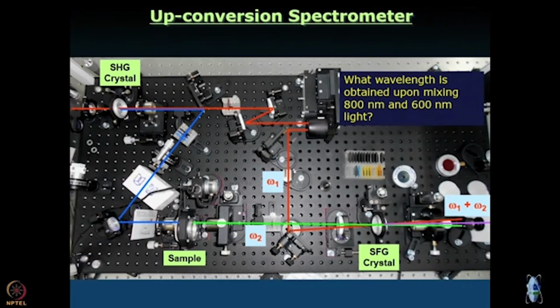Can we work it out? Of course, maybe I can do a little bit of mental arithmetic. It is upconversion, right. So, you have to add 600 plus 800, 1400 nanometer. Are we going to get 1400 nanometer when we combine 600 and 800 nanometer light in some frequency generation crystal?